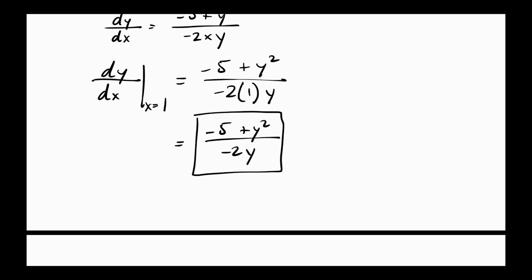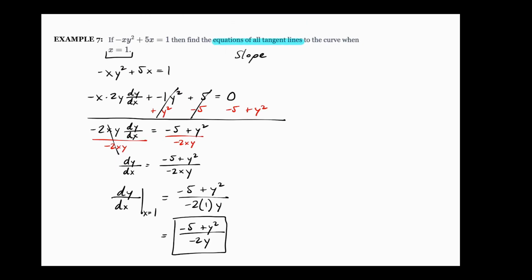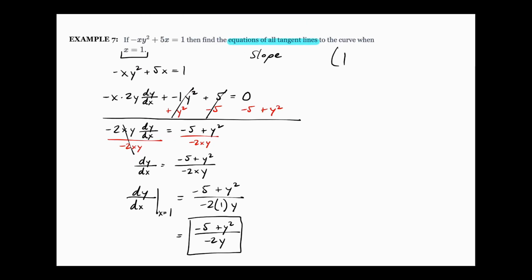Yeah, the answer is that's not a rise over run. What's the rise? -5 plus y squared. How do I go up -5 plus y squared? How do I go over -2y, right? I can't do that. So we're going to have to do what you, Raj, said. We're going to have to find y as well. We can't just find x. Okay, so we know x is 1. How do I find y?